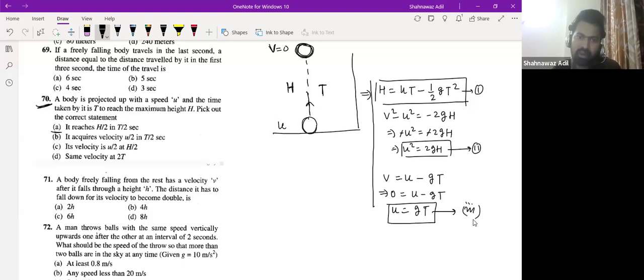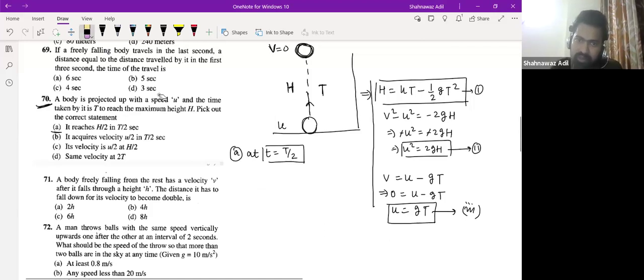So for h by 2 height, let's find out what is the distance. Let's check option A, at time t by 2 seconds. What is the distance? The distance is ut minus half gt square, because it is thrown upwards.